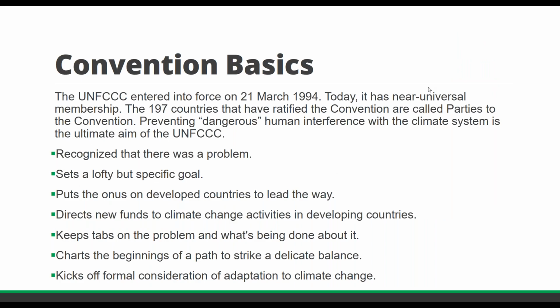I'm just going to start with a bit of convention basics. Well, maybe just to give a bit of background on myself first. As mentioned, I am the co-director of the Women's Environment and Development Organization, WEDO, which is based in New York. And for, I think, 2 years now, I've been the acting co-focal point of the Women and Gender constituency at the UNFCCC.